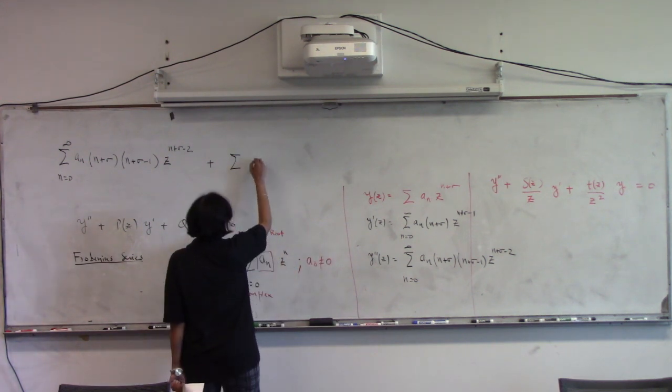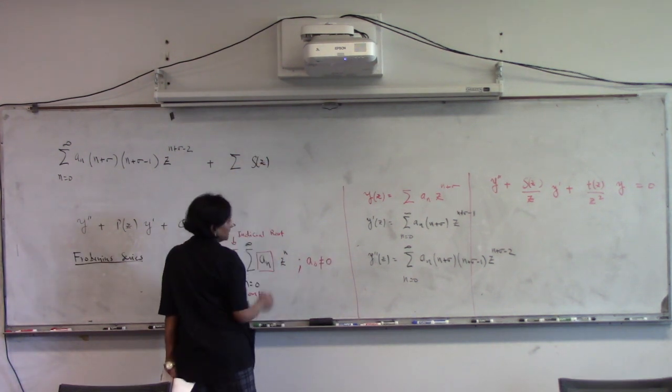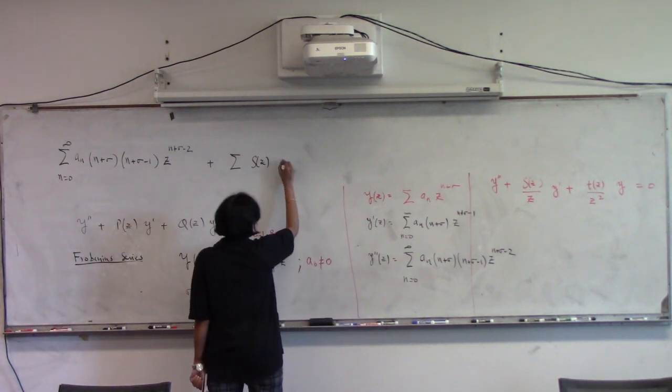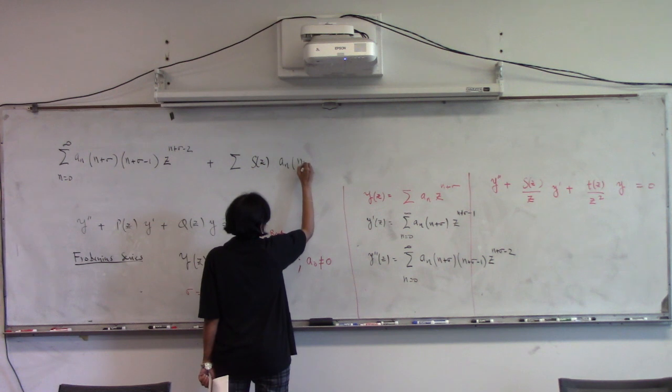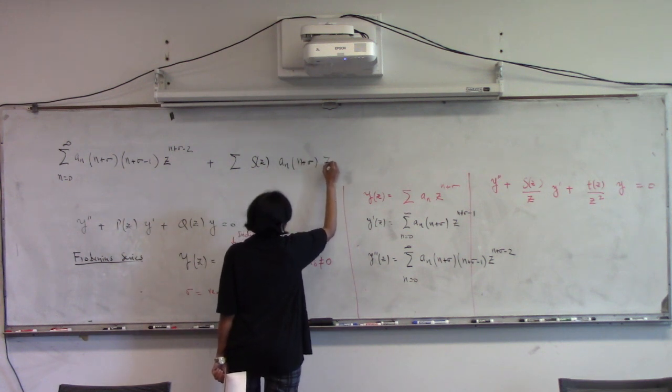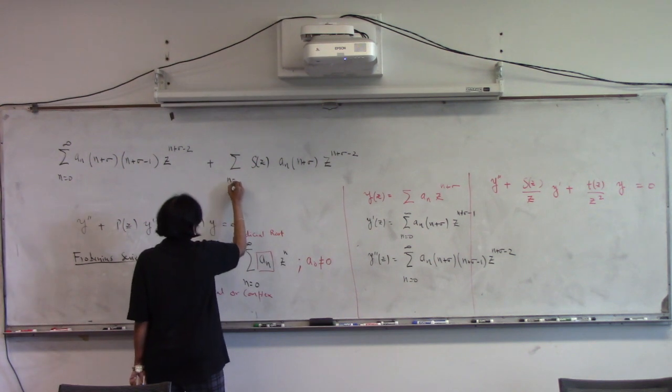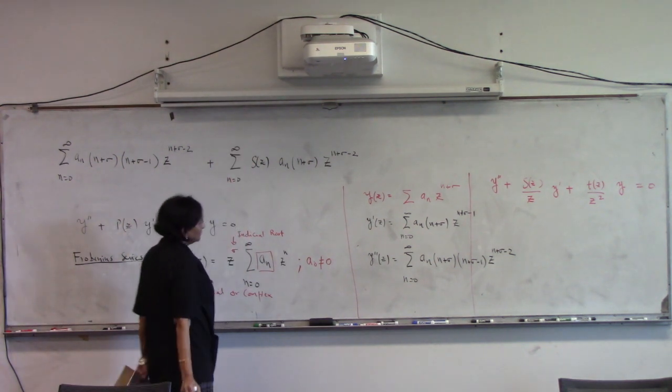So I can write this as s of z, then y prime is that, so I can write this as a sub n times n plus sigma times z to the n plus sigma minus 2, n going from 0 to infinity.